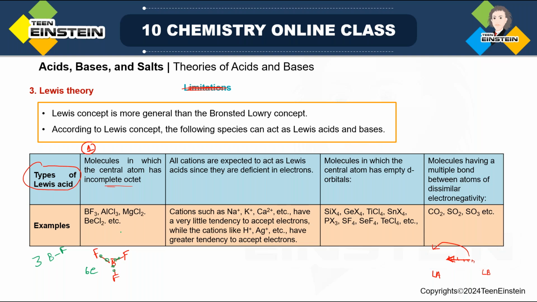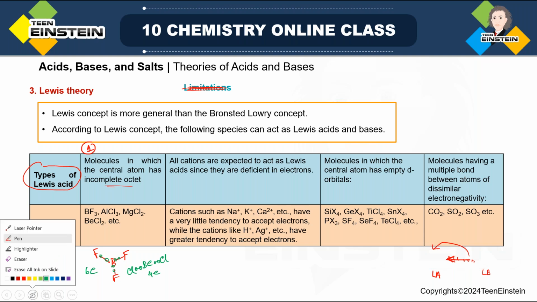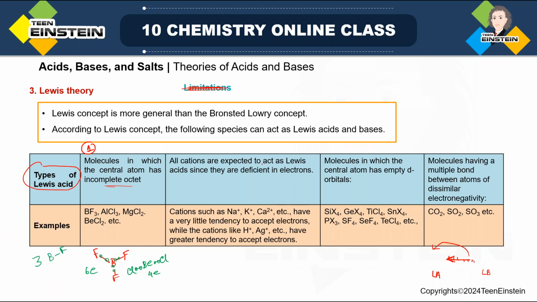So it is incomplete. Similarly, consider the other molecule, beryllium chloride: there are 2 electrons on this side and 2 electrons on that side, so a total of 4 electrons surrounding beryllium. It is less than 8, the octet is not complete, so it can act as a Lewis acid.